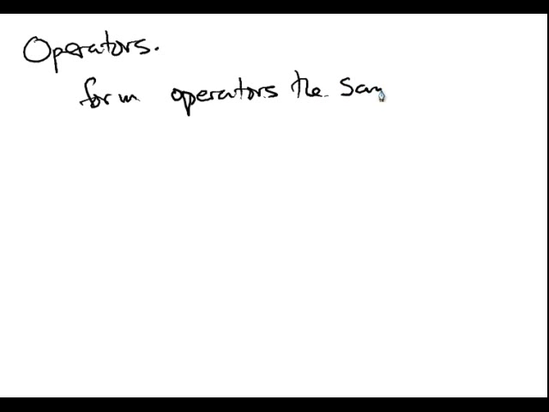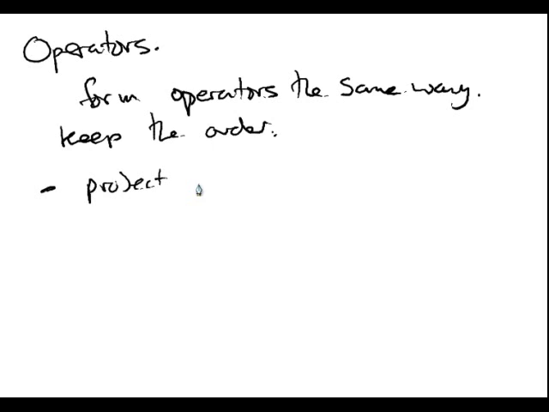Now operators we can form the same way. We want to combine them using the direct product, and we just need to keep the same order, right? So if we had the signal photon first and then the idler photon, then we put in the operator for the signal photon and take the direct product with the operator for the idler photon.